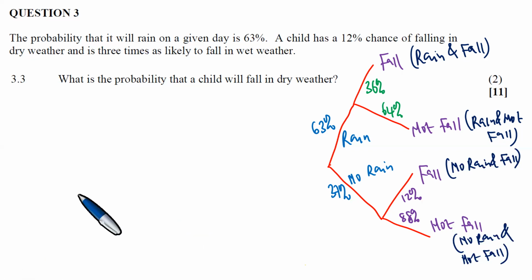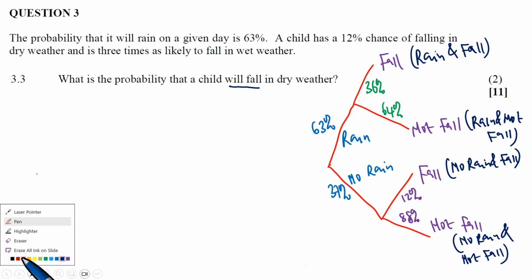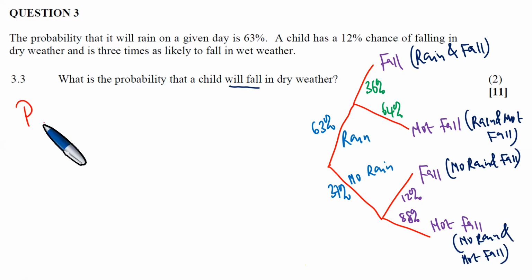Now let's find the probability in 3.3. The probability that a child will fall. We look at the four cases, but the weather is dry. So now we are focusing on no rain, so dry weather. The probability it's dry and the child does fall.